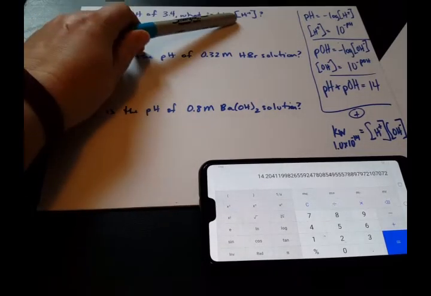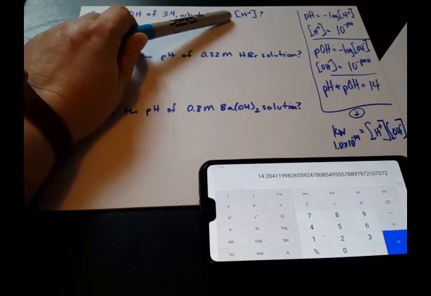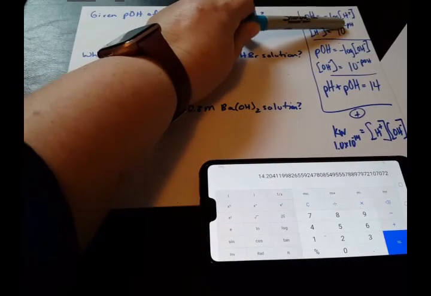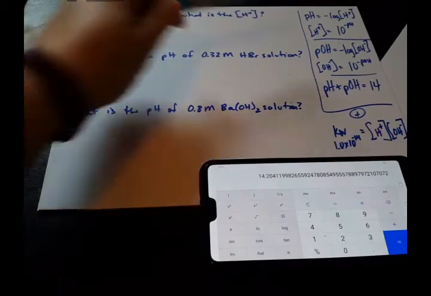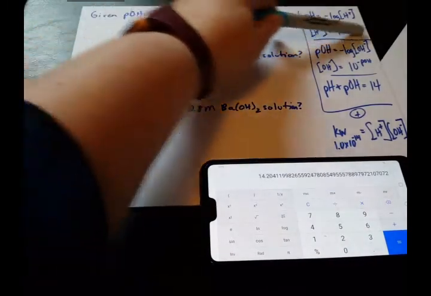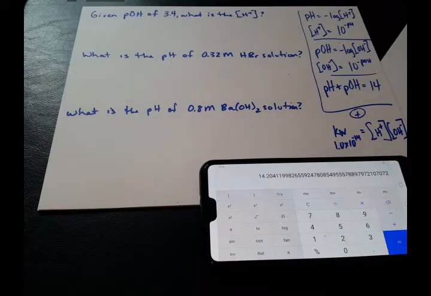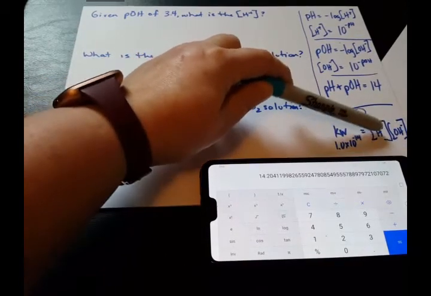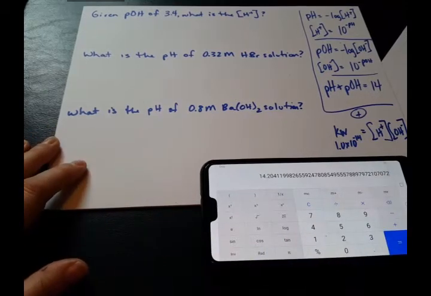And because we want to find the proton, or the H+, we should probably convert our pOH into pH. So given what we want, we're going to try to use this formula here. Another approach is to use the pOH to calculate for OH and then use KW to solve for H. So that's an alternative for this question, but let's just try this out.